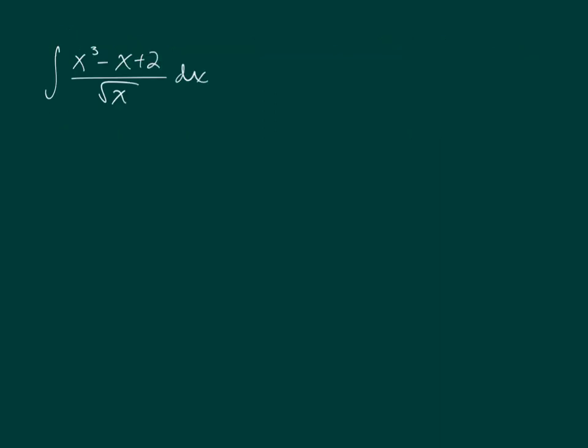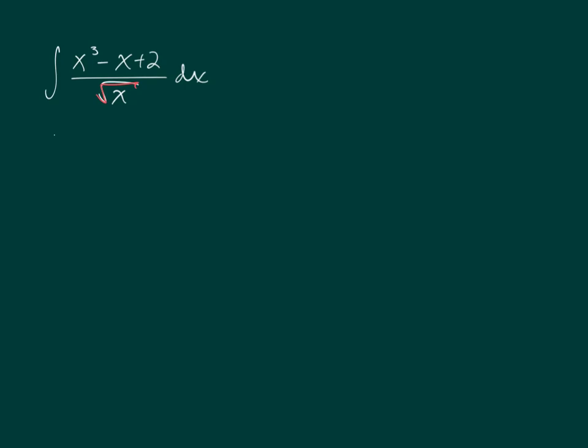For this example, this looks pretty ominous, and if you know anything about integration by substitution, you may want to try that here, but I'm going to urge you to not. What you want to notice, first of all, this square root, that is bothersome.